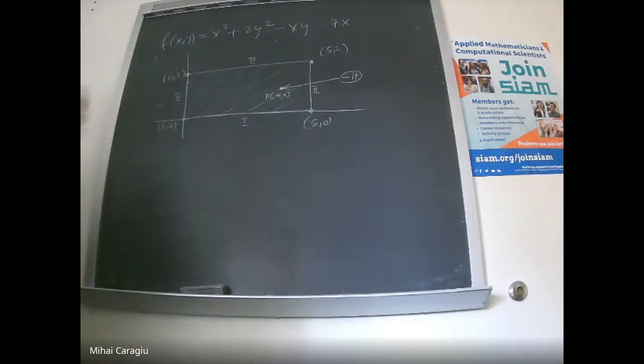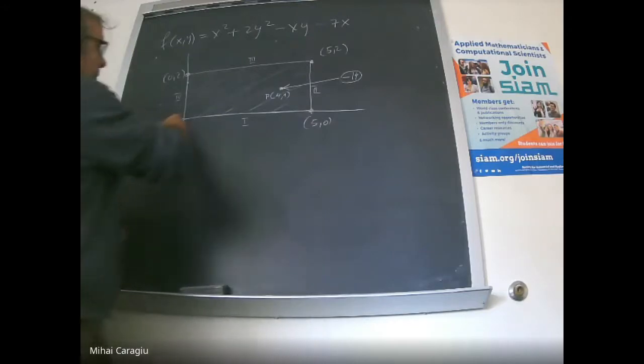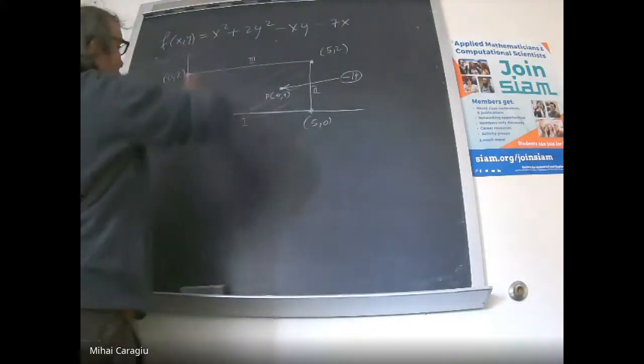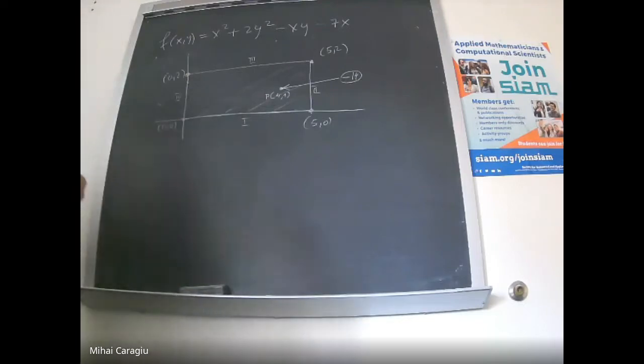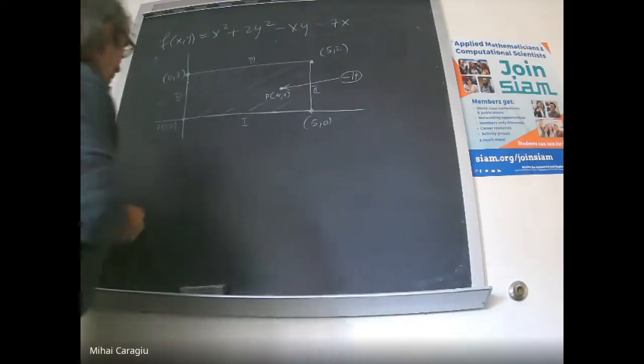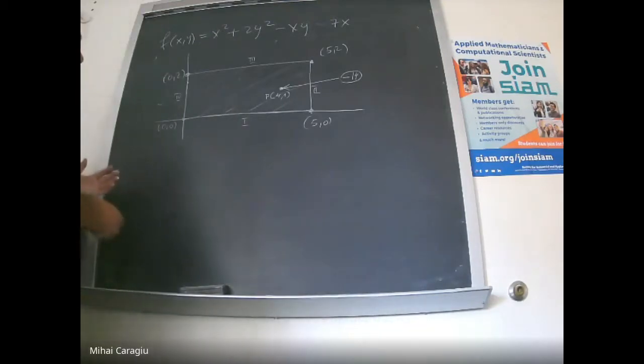And now we study with the methods of calculus 1, find the maximum and minimum of the function f of x, y along each side of the rectangle, because if we restrict ourselves to one of the sides of the rectangle, it becomes a function of one variable. I know it will be long. Usually the boundary study breaks down in pieces. It's kind of long, but not difficult.